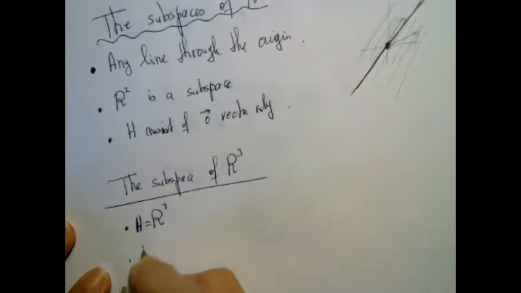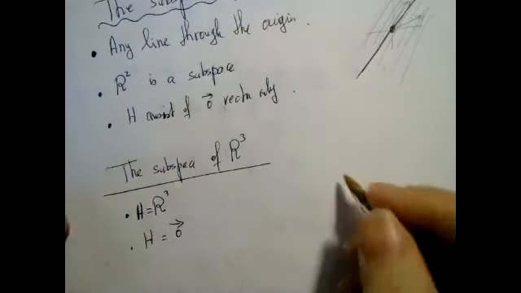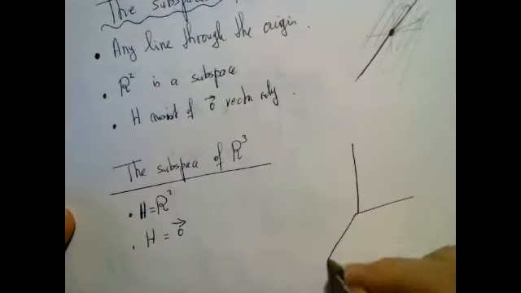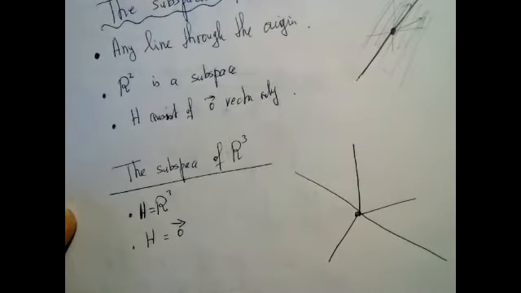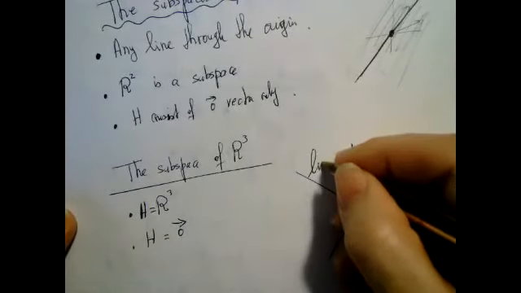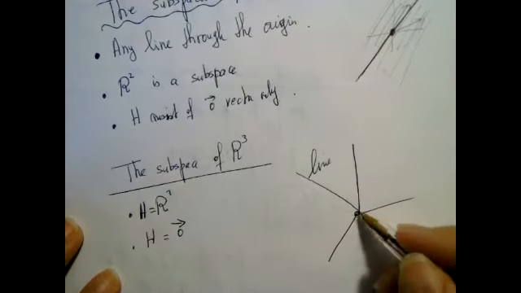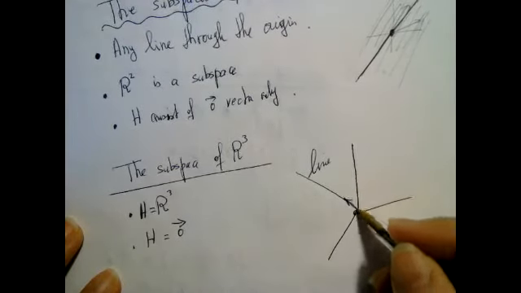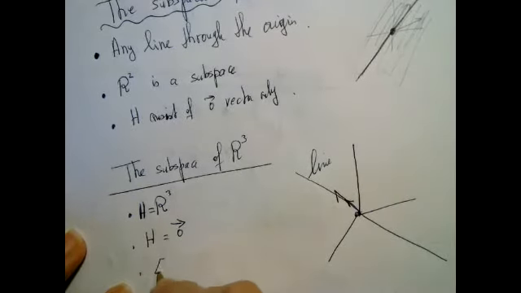H equals 0 means it consists of the 0 vector. And what else? If I'm in R3, if you take any line through the origin, that's a subspace, for the same reason: adding two vectors on the line stays on the line. So every line through the origin.